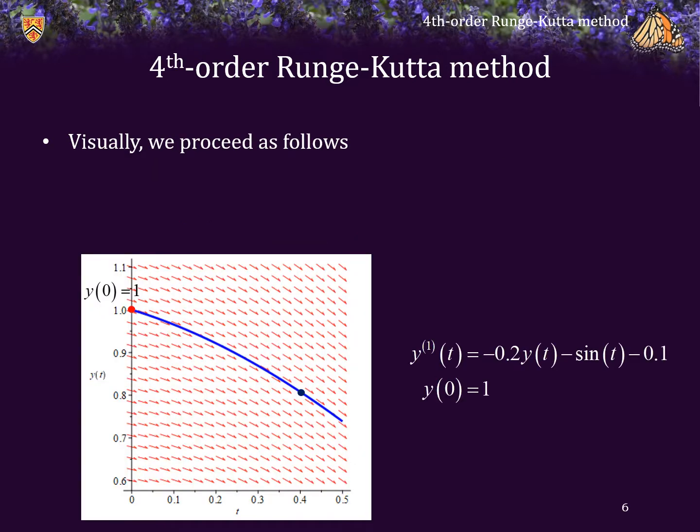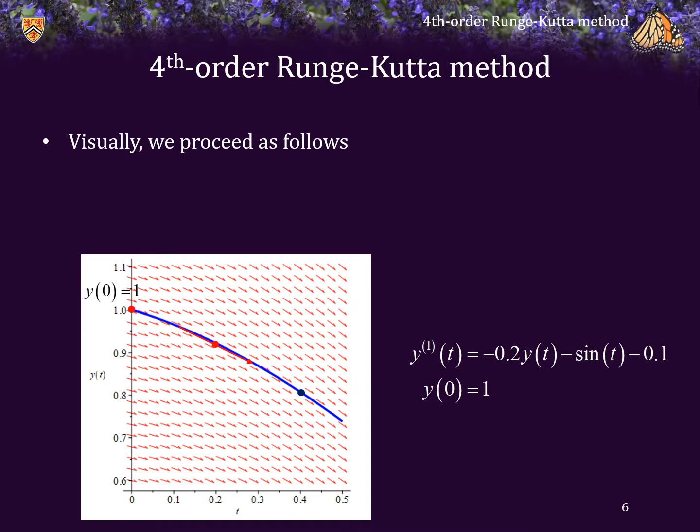Visually, we will proceed as follows. We will calculate the slope at that point. We will go out a distance h over 2. We will sample the slope at that point, and then we will follow that slope out a distance h over 2 again. So that's our next sample. At that point, we will once again sample the slope.